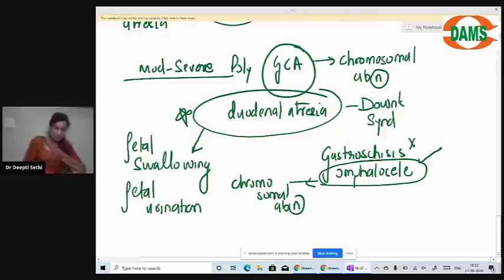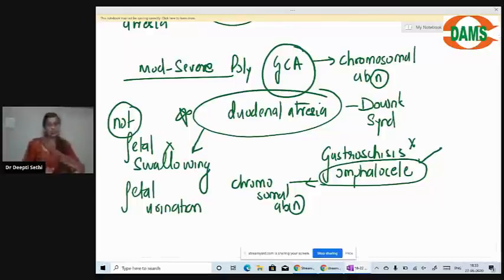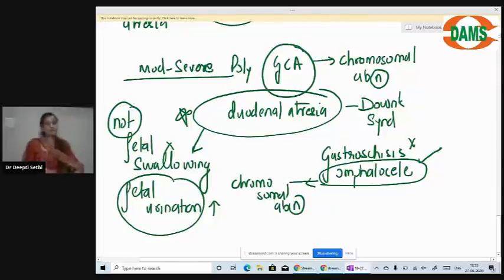Anytime the baby is not able to swallow, so when fetal swallowing is absent, it will contribute to polyhydramnios. And anytime fetal urination is in excess, it will contribute to more amniotic fluid and result in polyhydramnios. So the explanation here is defective fetal swallowing. In duodenal atresia, you will come across defective fetal swallowing, which is the reason why we are seeing polyhydramnios, right?